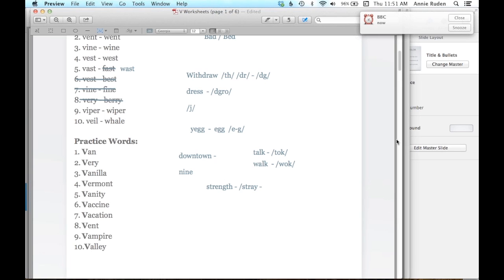Strang. Then we have that NG that we were just talking about before. Strang. It's produced in the back of your throat. Strength. And the way I'm putting it together, strength.